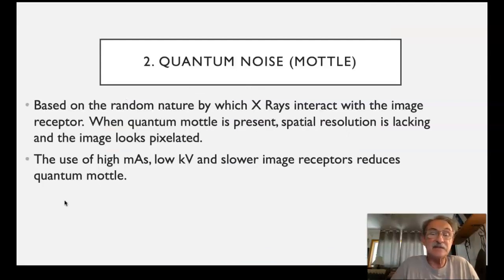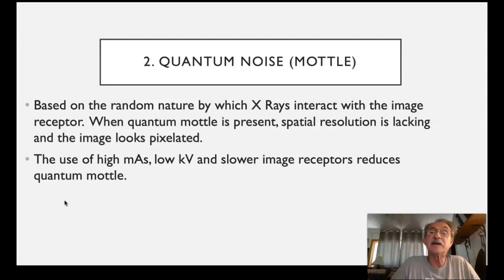All right, so let's talk a little bit about quantum noise or quantum mottle. Quantum mottle is based on the random nature by which X-rays interact with the image receptor. When quantum mottle is present, spatial resolution is lacking, and the image will look pixelated. Okay, and you will notice that on your screen, and you'll say, boy, that looks like there's quantum mottle in there.